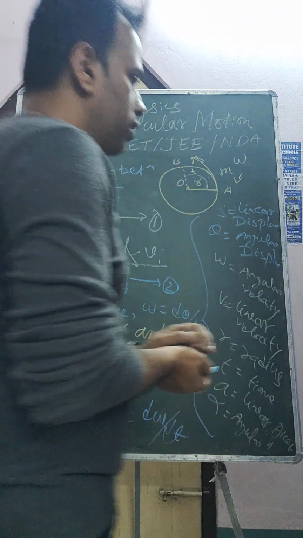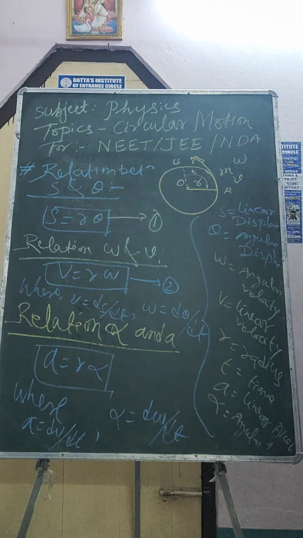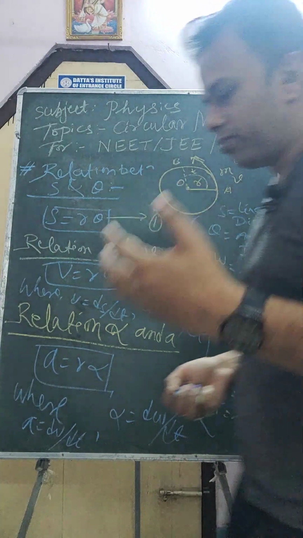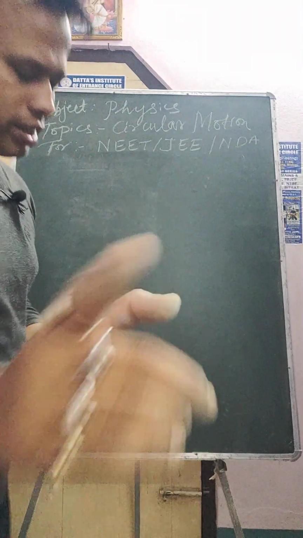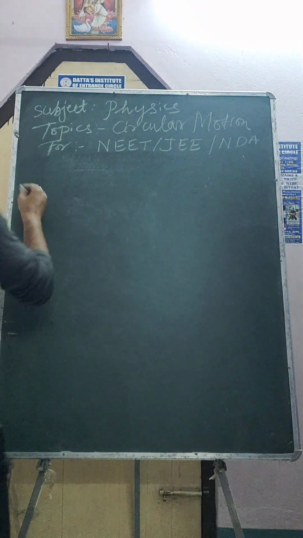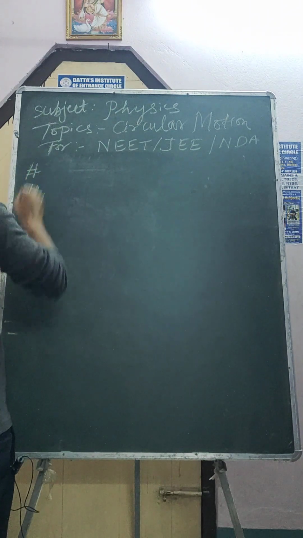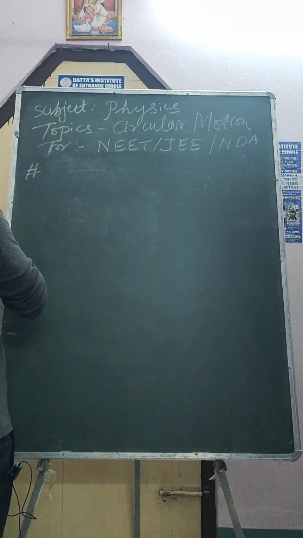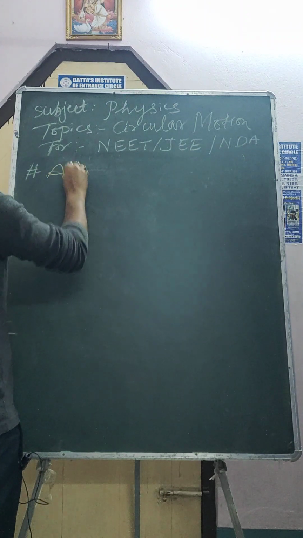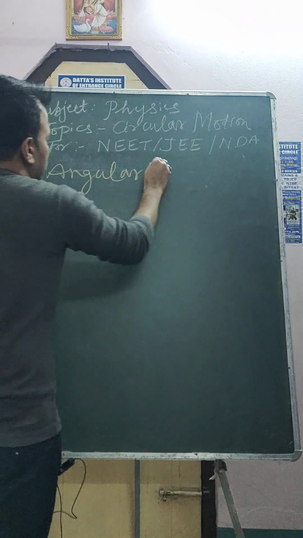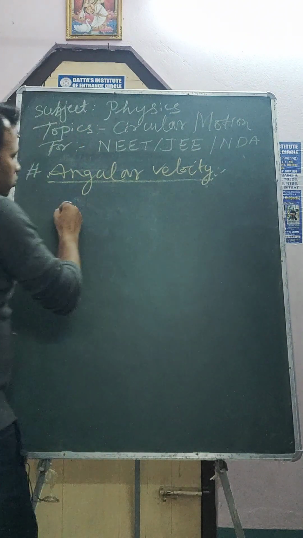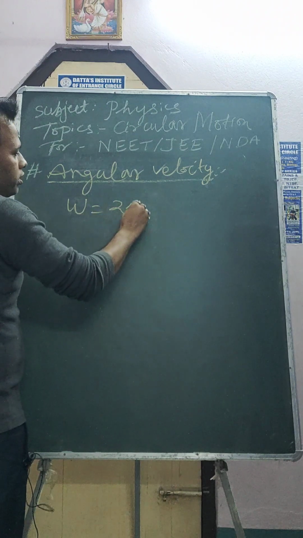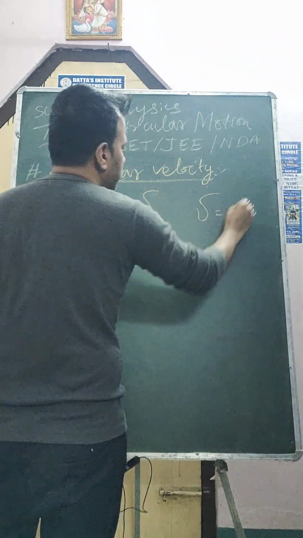So these are the relations in rotational and circular motion. There are some other formulas also, like v equal to u plus at. There are other formulas too, like angular velocity omega equal to 2 pi nu, where nu is frequency.